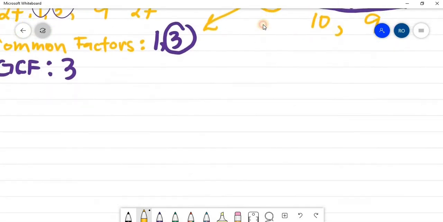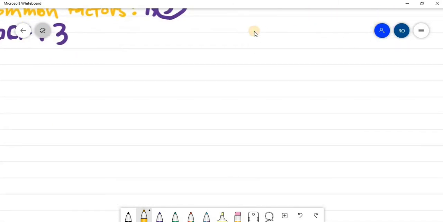So let's take the last example. Let's find the GCF of 40 and 42.